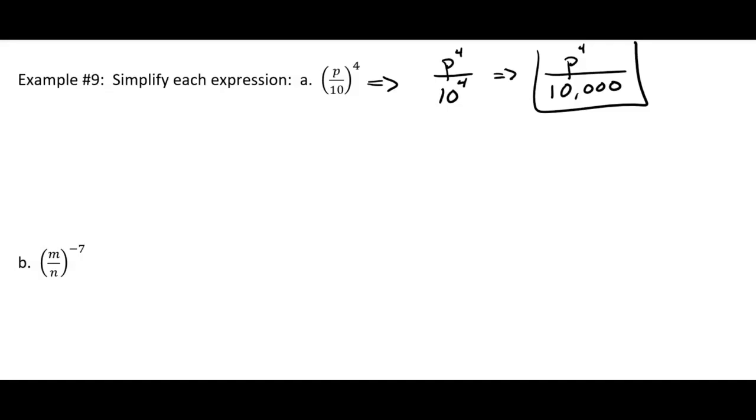Okay, so our next example, oh, it's a negative exponent. So I'm going to use that rule where we can flip that quotient in the parentheses to get it positive. So I'm going to make this n over m to the positive 7.